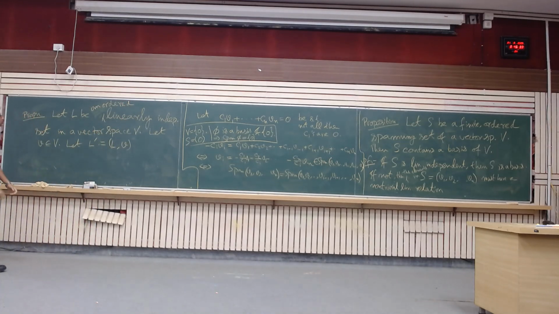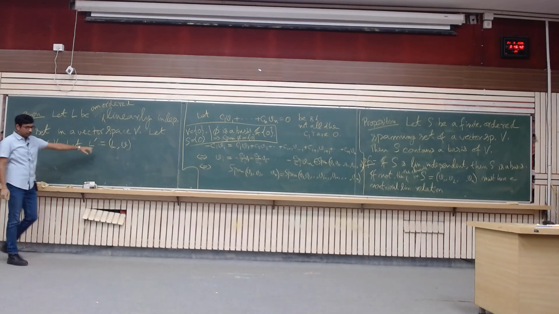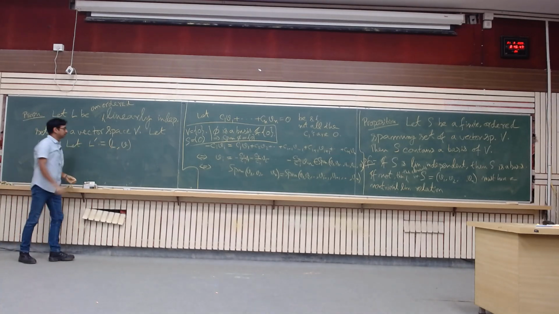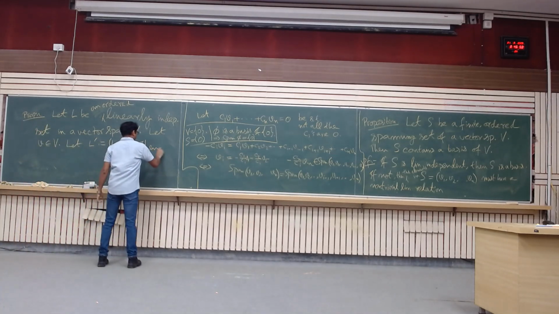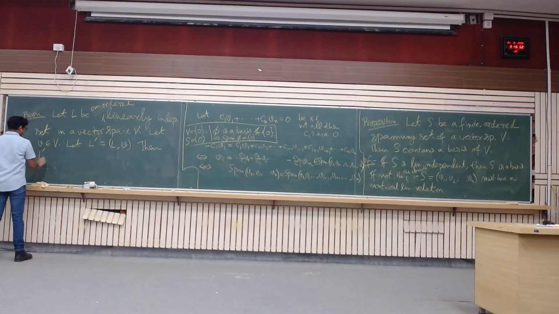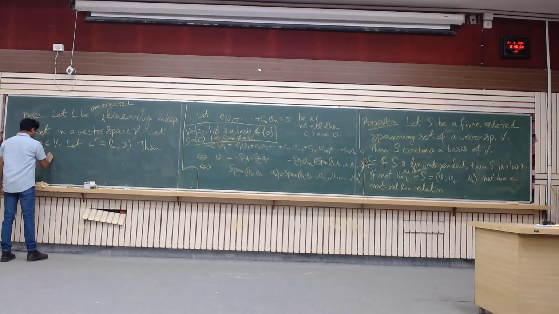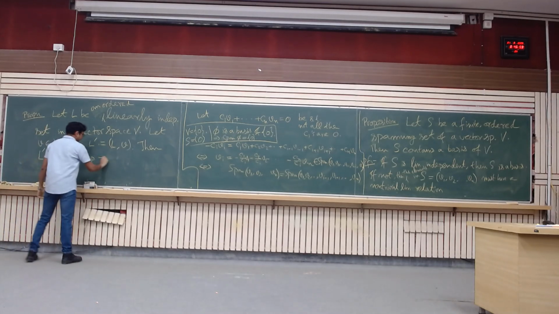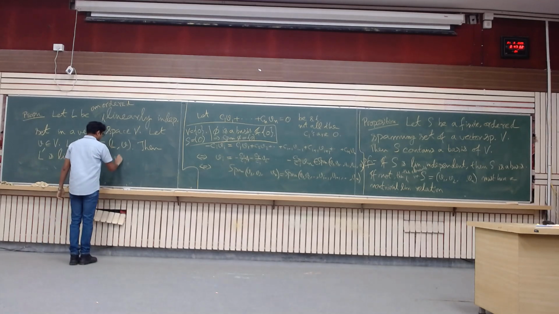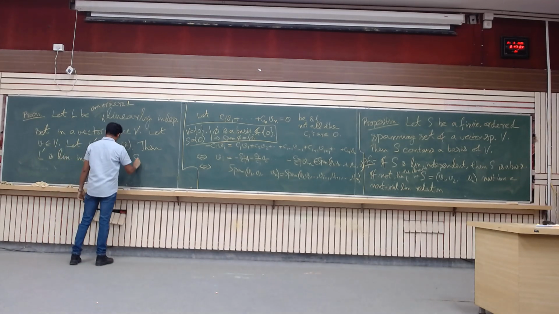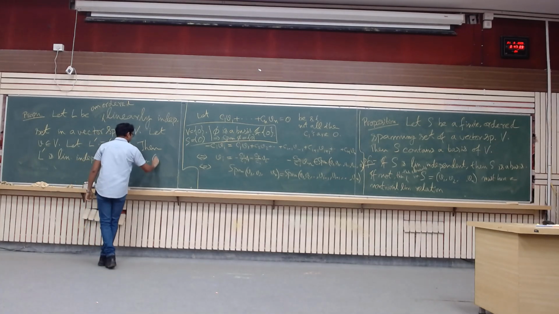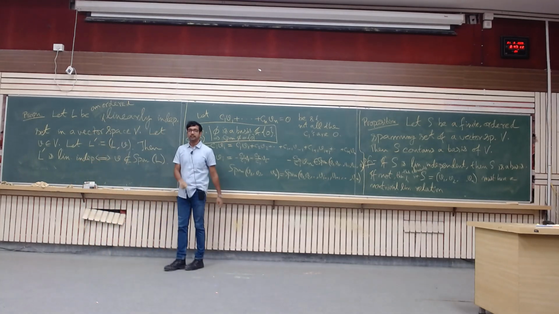So let L be an ordered linearly independent set in a vector space V, and we define L dash to be L appended with v. We are increasing our set. Then L prime remains linearly independent if and only if v is not inside the span of L.